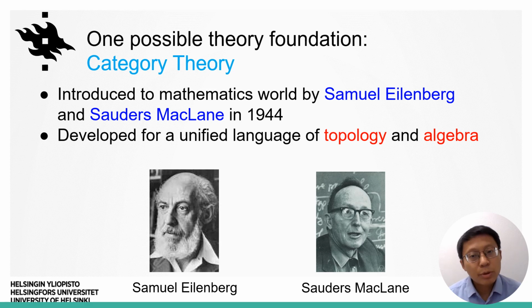One possible solution for this theoretical foundation is to use category theory, which was introduced to the mathematics world by Samuel Eilenberg and Saunders Mac Lane in 1945. Their purpose is to develop a unified language of topology and algebra.